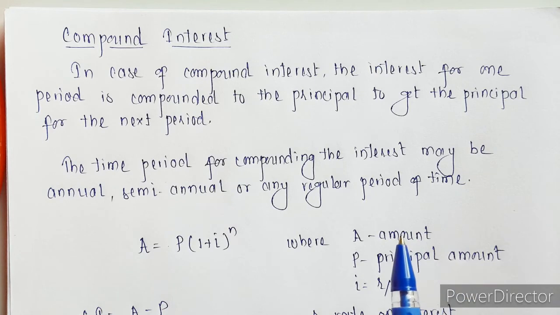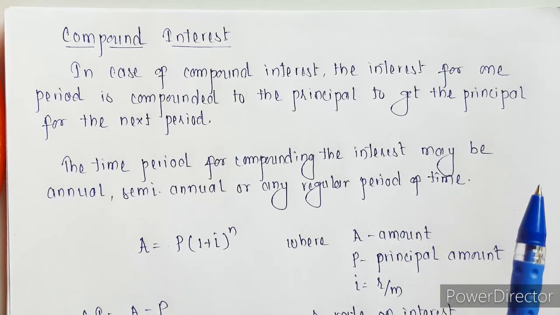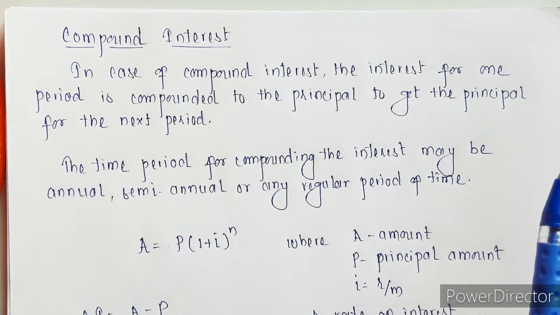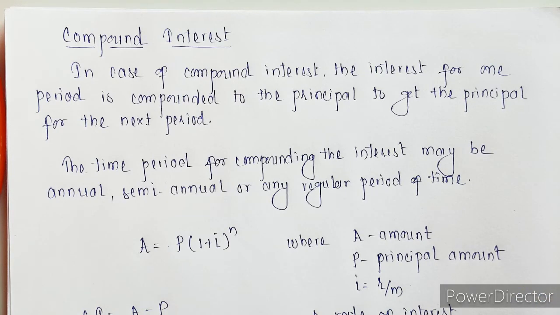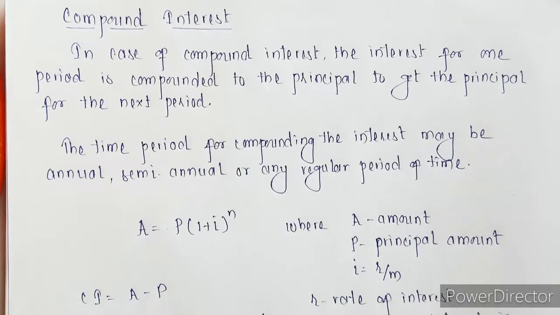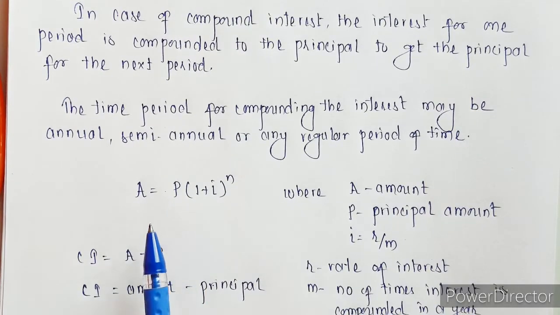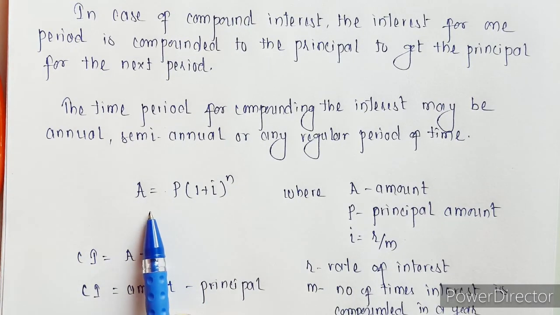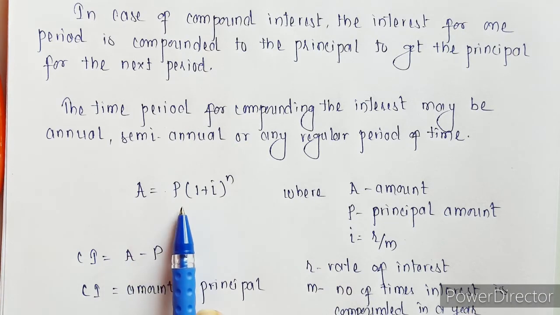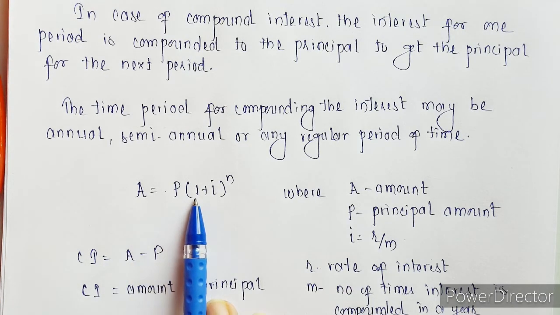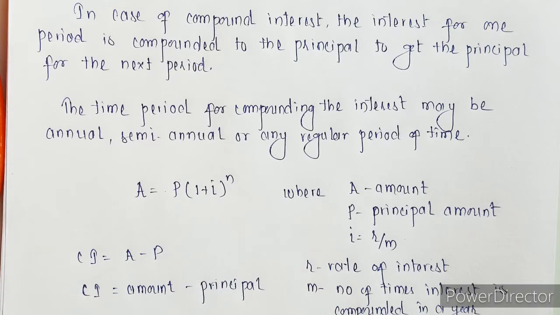Now the time period for compounding the interest may be annual, semi-annual, quarterly, or any regular period of time. The formula for calculating compound interest: the amount is principal into 1 plus i raised to power n.